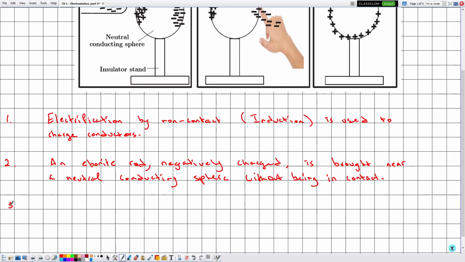Now in number 3, let me say an isolation of charge occurs on the sphere.